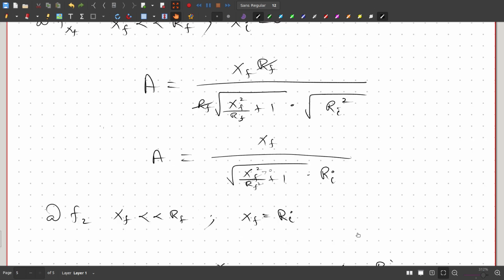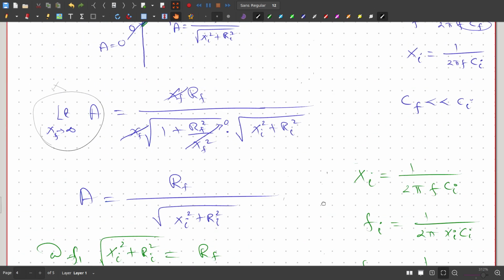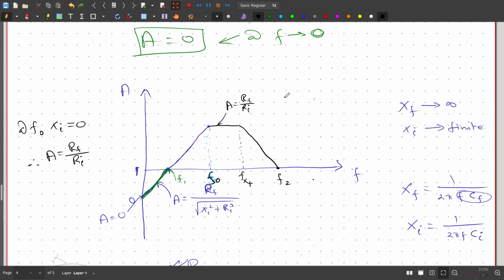That's why in the graph it starts to decline and reaches the unity gain value here, at F2.